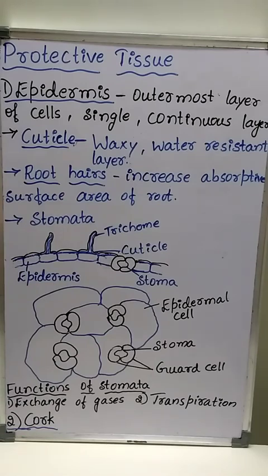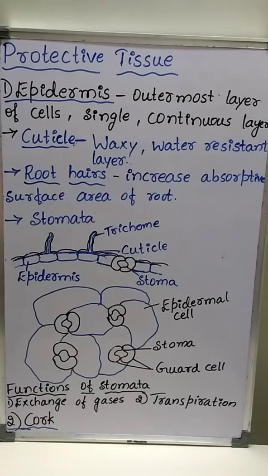In the case of xerophytic plants, meaning desert plants, the stomata are usually sunken. In order to reduce the rate of transpiration, xerophytic plants need to store water and protect the water molecules present inside the plant body, so they have sunken stomata.